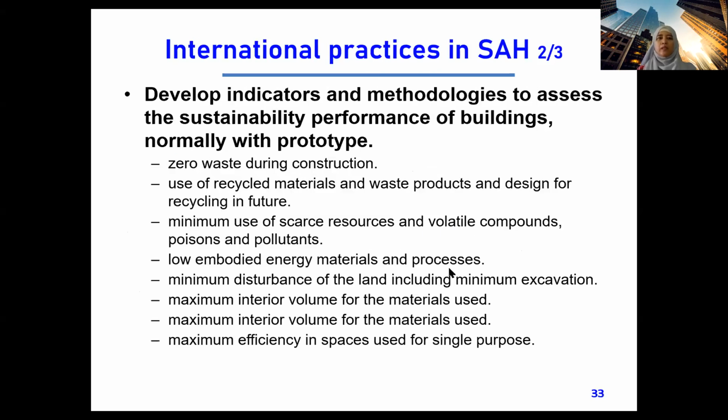The next one is to develop indicators and methodologies to assess the sustainability performance of buildings, normally with prototypes. They use prototypes to come up with indicators and methods to say that this type is very sustainable, this type is not so sustainable. Normally they aim for sustainable performance of buildings.